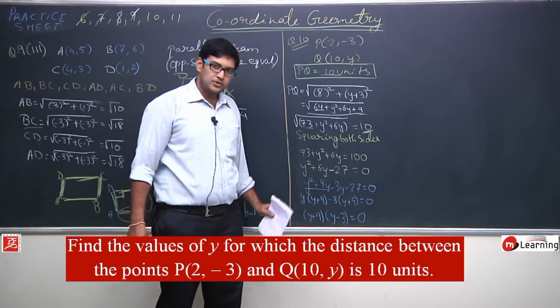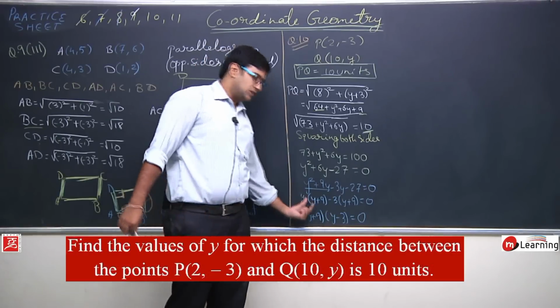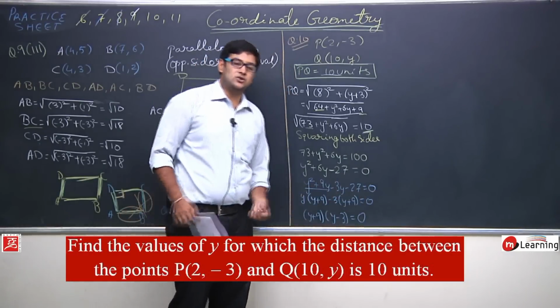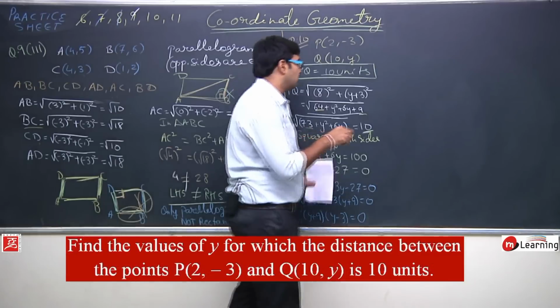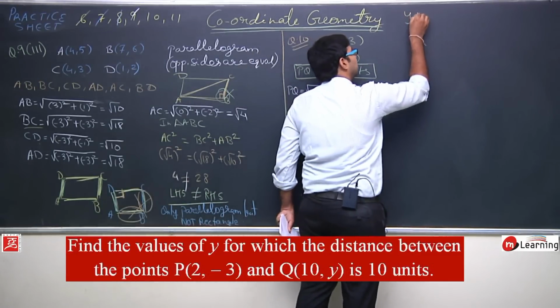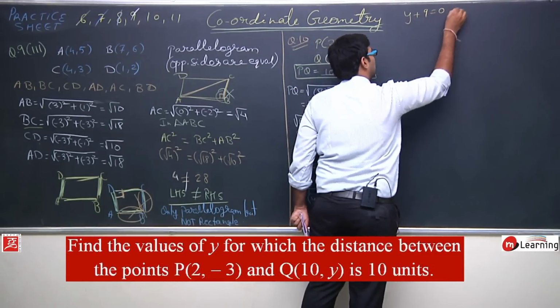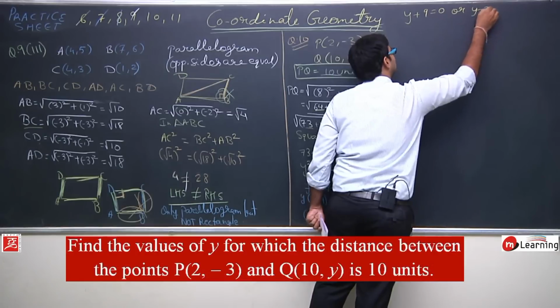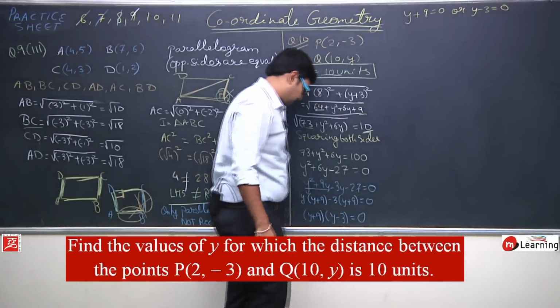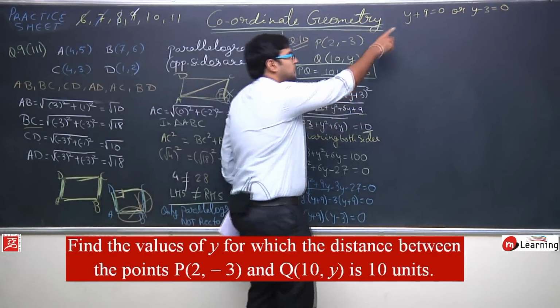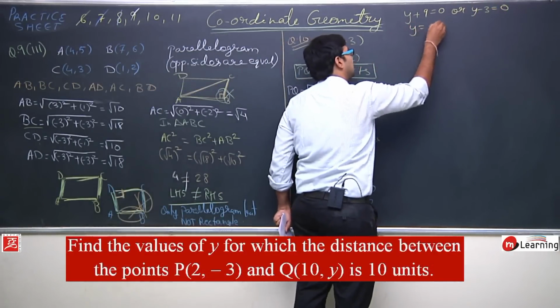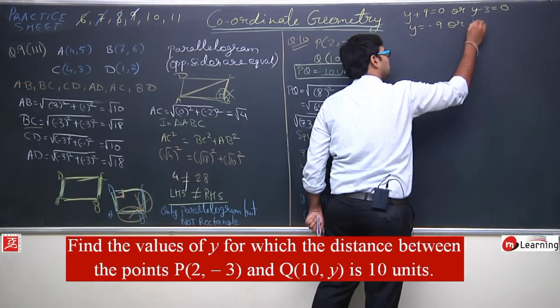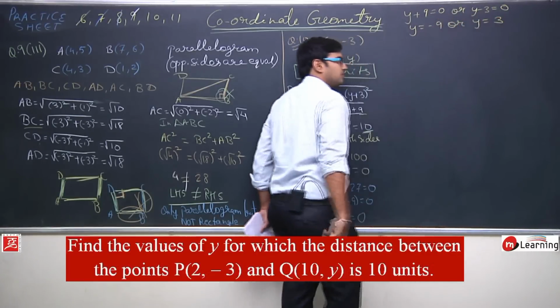Now y plus 9 equals 0 and y minus 3 equals 0. We have understood that if the product of these two polynomials is 0, then y plus 9 can be 0 or y minus 3 can be 0. So from this you can get y equals minus 9 or y equals 3.